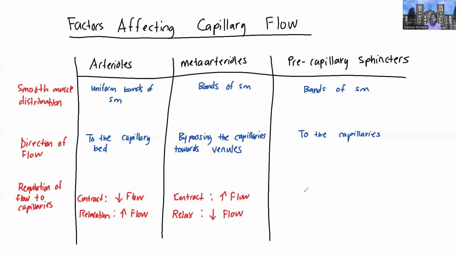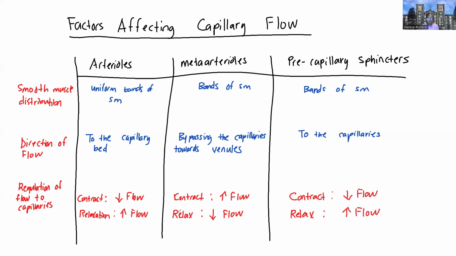And then the same is true for precapillary sphincters and arterioles because they are towards the capillaries, or in this case, capillary beds. This will have contraction, right? Or contract allows for decrease in flow. And then when we relax, that increases flow.